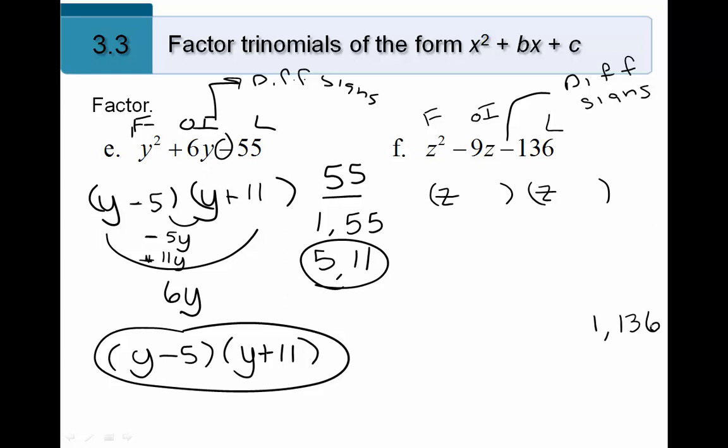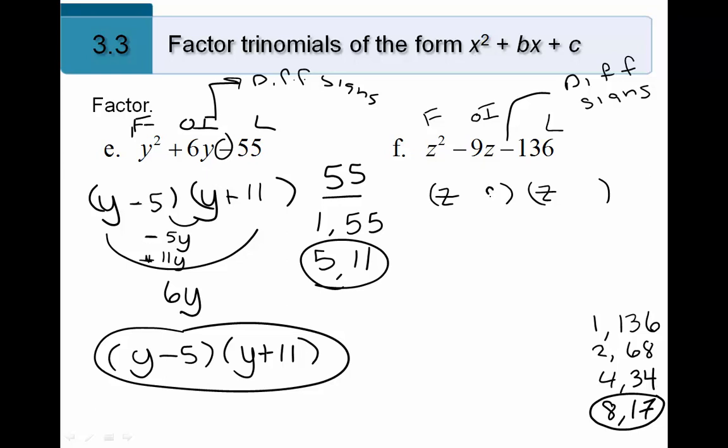1 and 136, 2 and 68, 4 and 34, and I found 8 and 17, which has a difference of 9, so that will work.